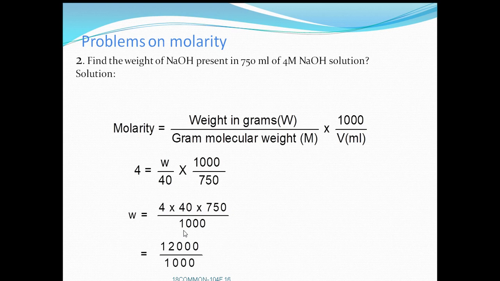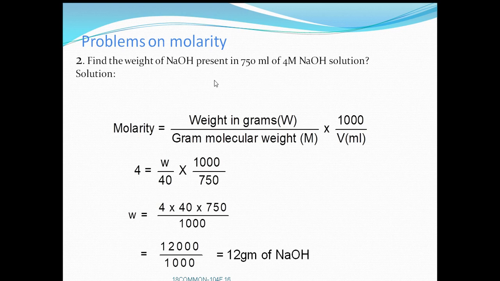So what is the value completely? It is 12,000 by 1000. If you cancel, we get 12 grams of NaOH. What is the answer? 12 grams of NaOH. It means if you take 12 grams of NaOH in 750 ml, the solution concentration is 4M.